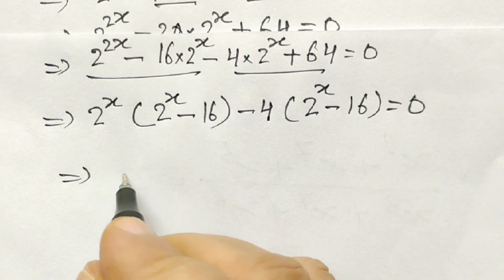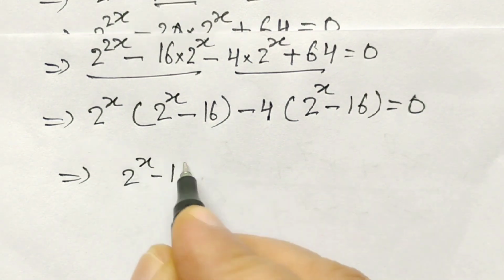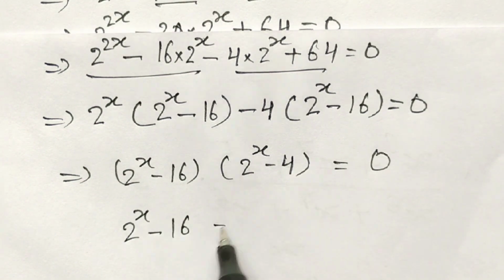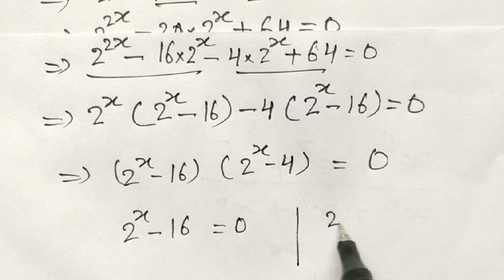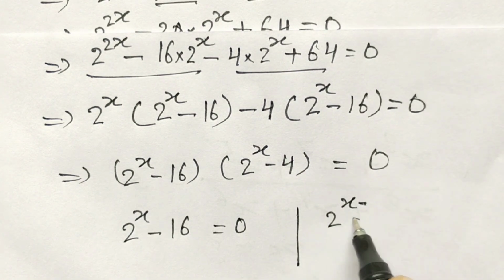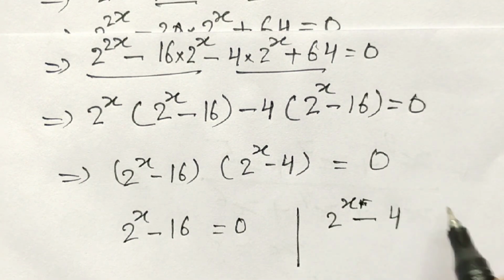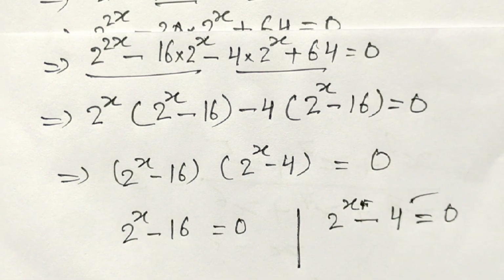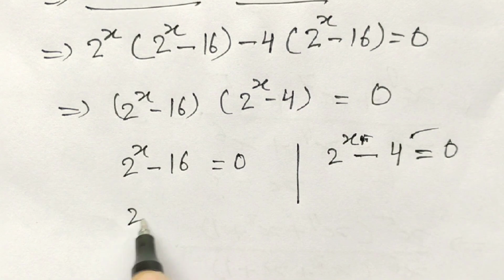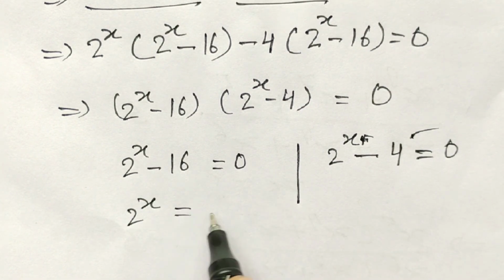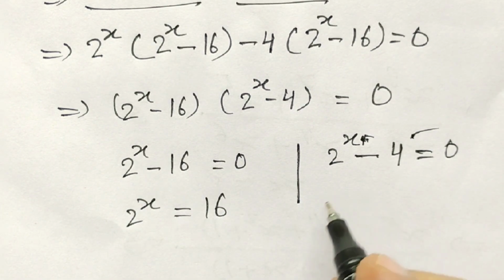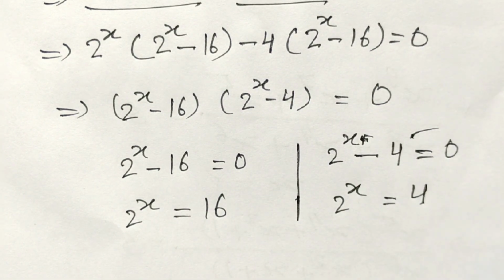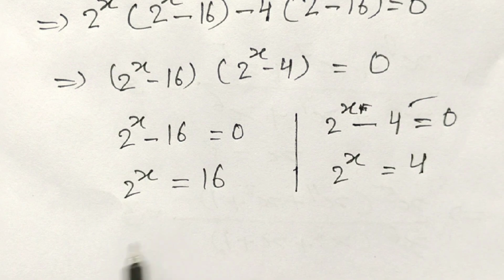Now we have two cases: 2 to the power x minus 16 is equal to 0 and 2 to the power x minus 4 is equal to 0.